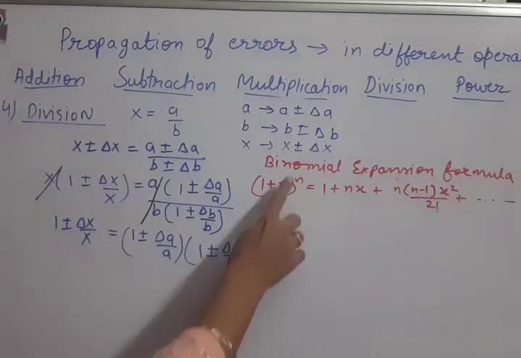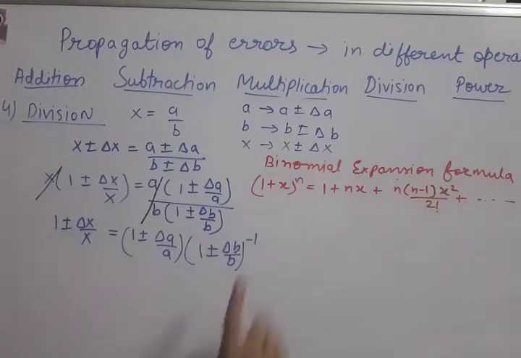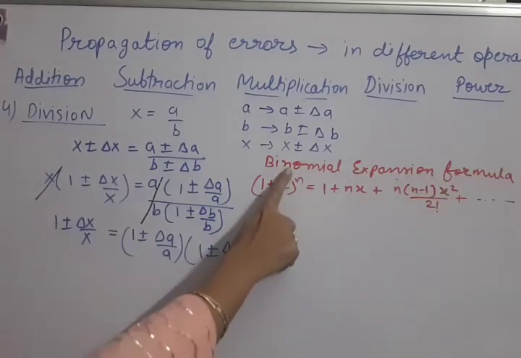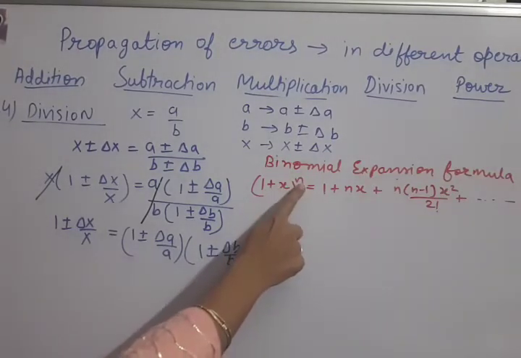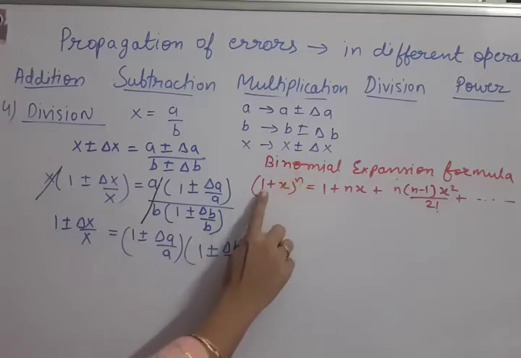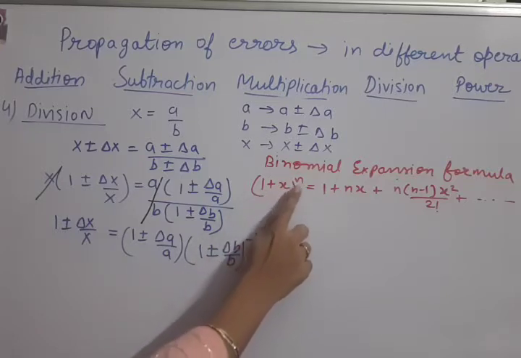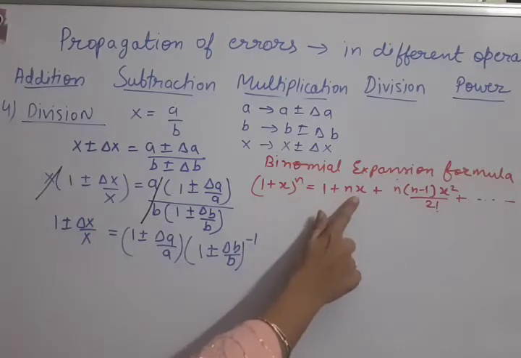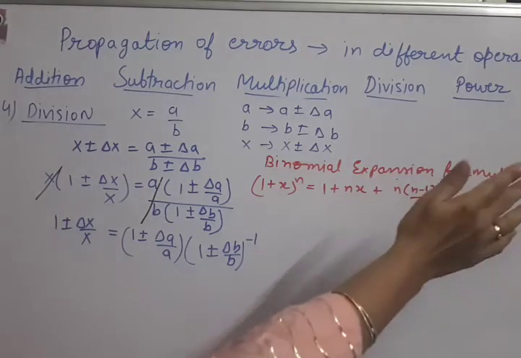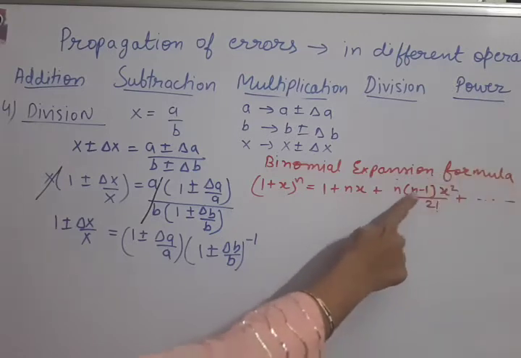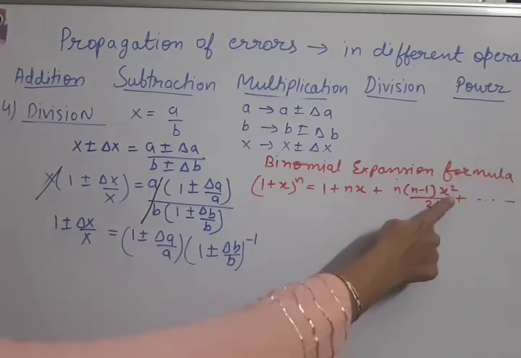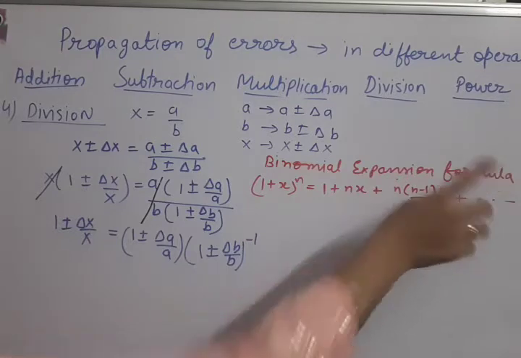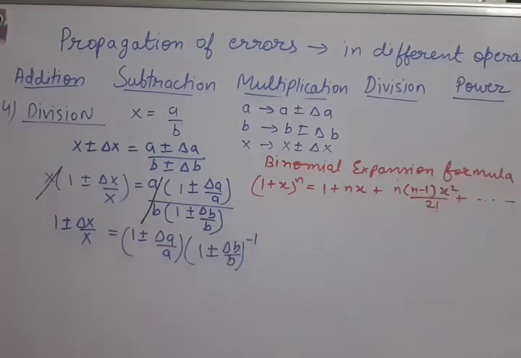So the binomial expansion formula helps us to solve any power, whether positive or negative. The formula is 1 plus x raised to power n is 1 plus nx plus higher powers of x. That means n into n minus 1 by factorial 2 x square plus n into n minus 1 into n minus 2 x cube.